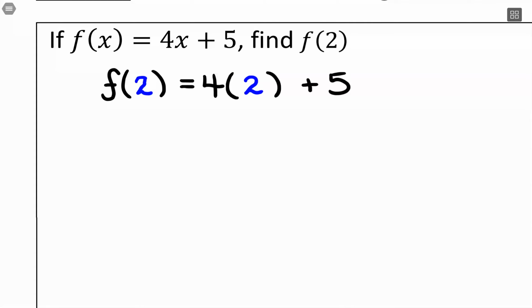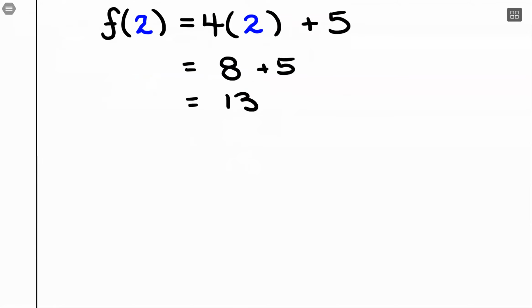Again, when plugging in values, right here it's not too bad, but in the future it's good to have a habit of using parentheses because it'll help with order of operations and calculating things correctly. So I'm going to simplify this right-hand side. 4 times 2 is 8, and then plus 5 is 13. So I end up with this answer that f of 2 equals 13.